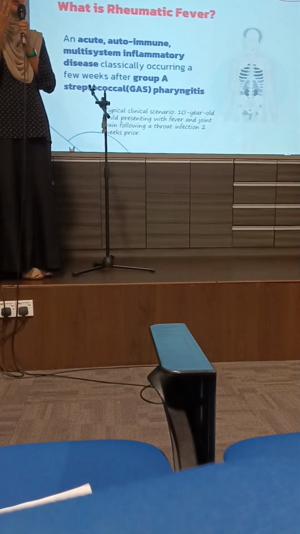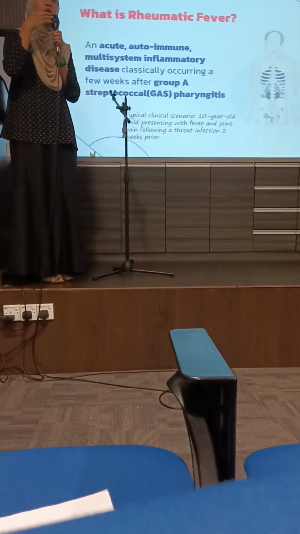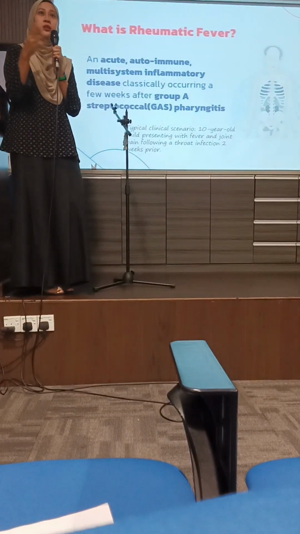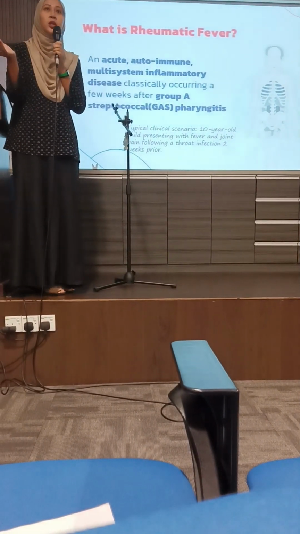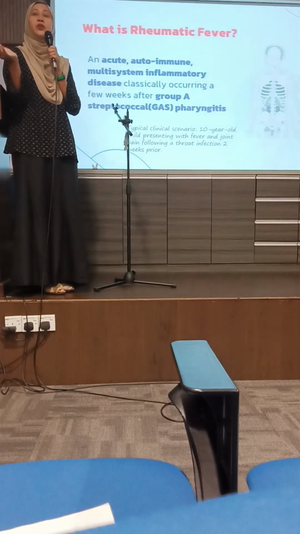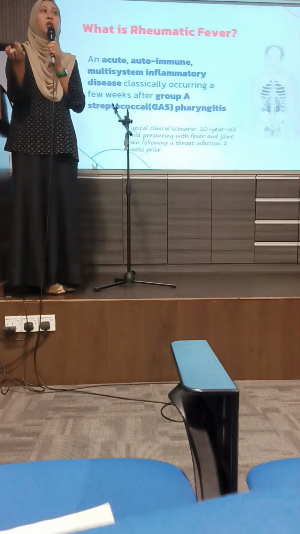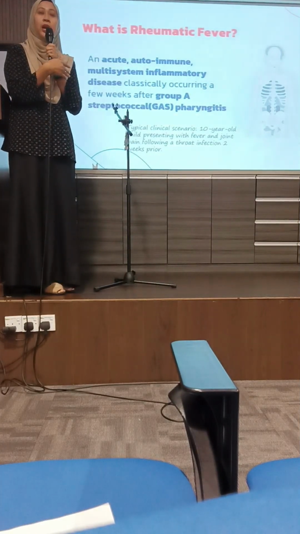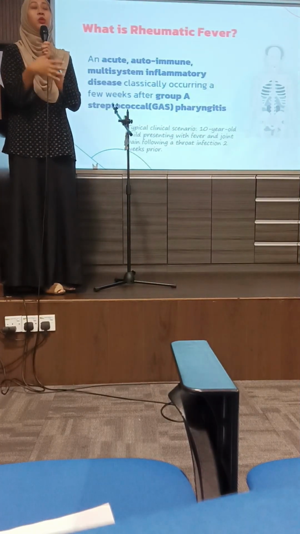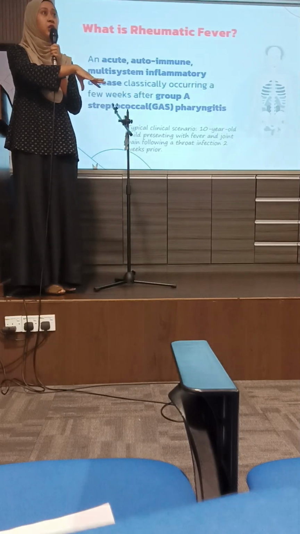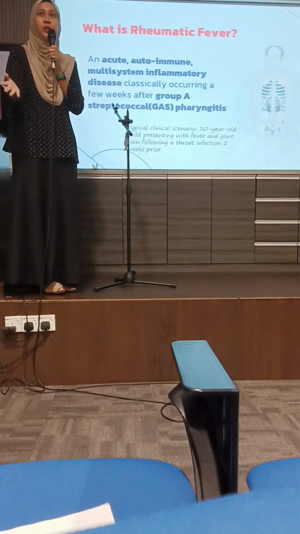Okay, so the typical scenario is a little child, maybe about 10 years old. She had a pharyngitis, or inflammation of the throat, maybe 2-3 weeks ago, and then she presents to you 3 weeks after that throat infection with joint pain and fever.